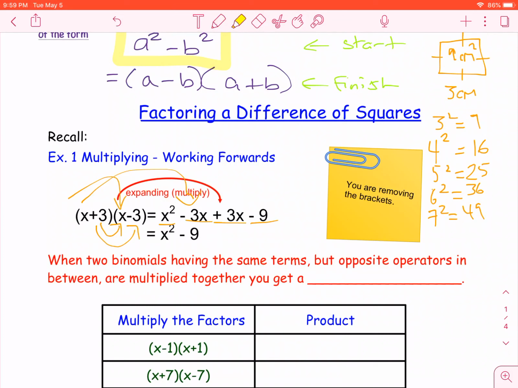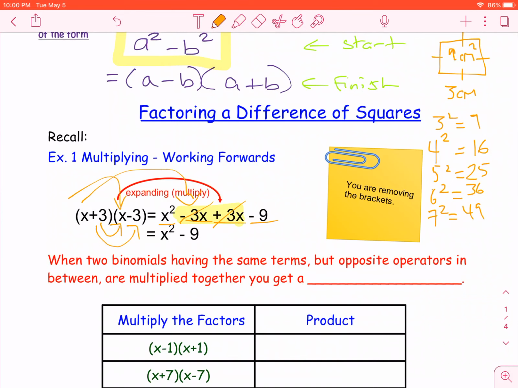So what you actually notice is our terms minus 3x plus 3x make a zero pair, and that zero pair cancels out the terms that have a common variable of x. So once you simplify, you're just left with x squared minus 9.